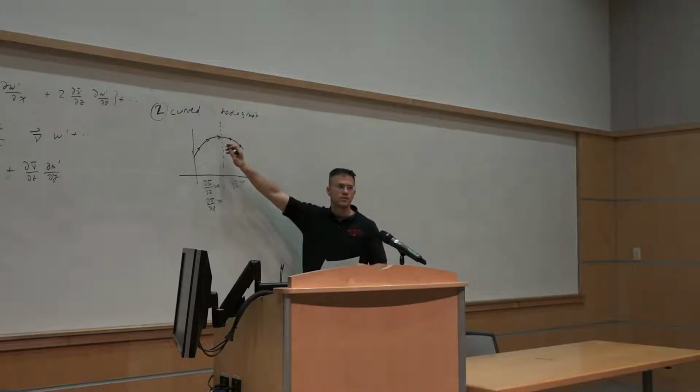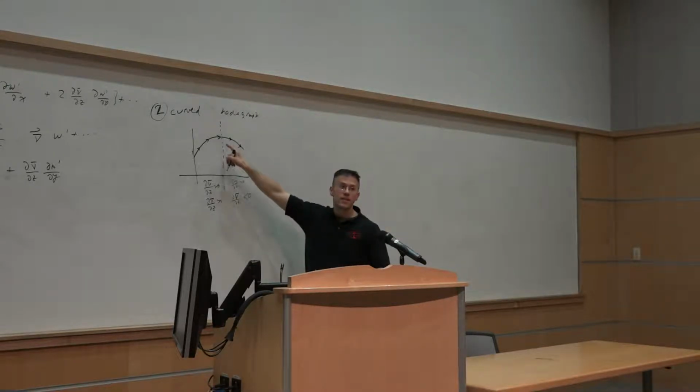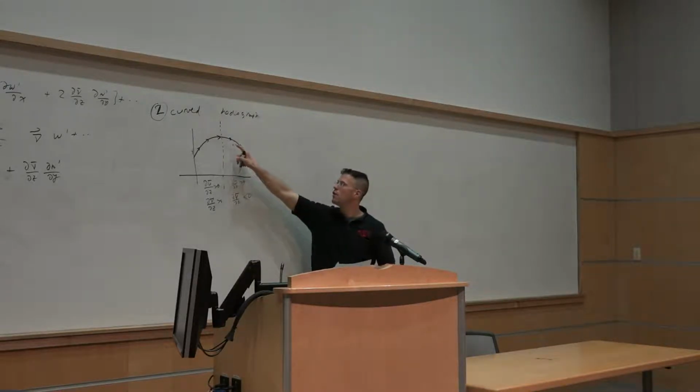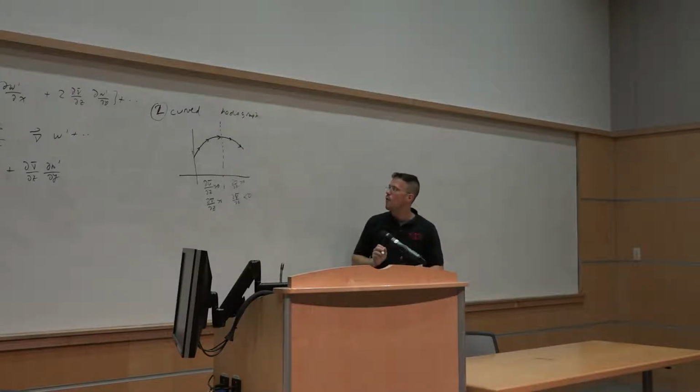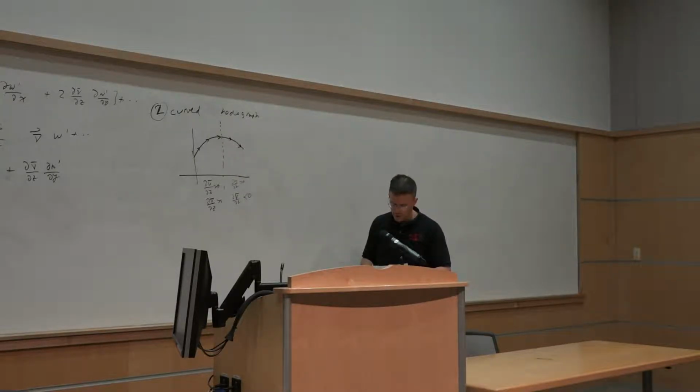Once we get to this maximum value in this parabolic function, ∂v̄/∂z beyond that point now becomes negative. We have less meridional flow as we get to the points to the right of this particular line.